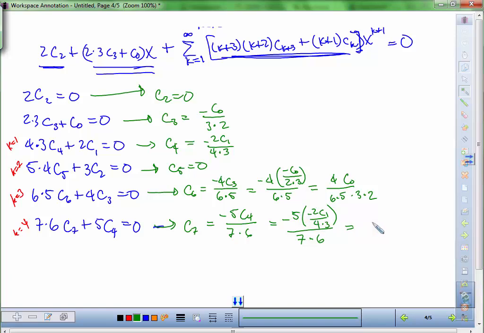So negative negative is a positive. We have 5 times 2 C1 over 7 times 6 times 4 times 3. I can't find a pattern here.